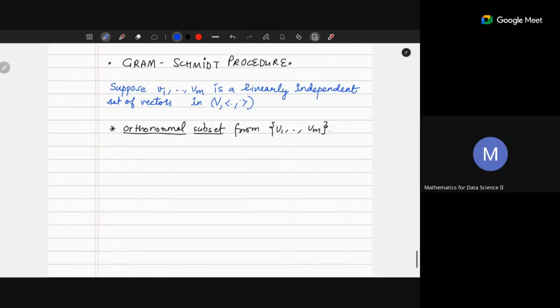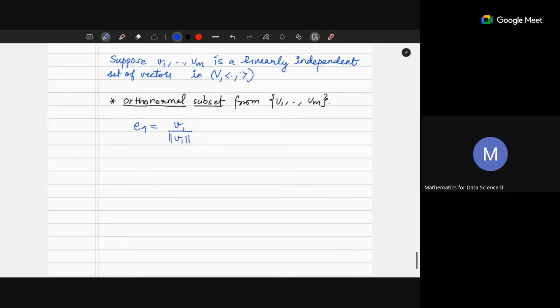So it is an inductive process. I define my e1 to be v1 divided by its norm. So for e1, I take the same vector and divide it by its norm. Now e2. e1, e2, up to ek will become the orthonormal basis.